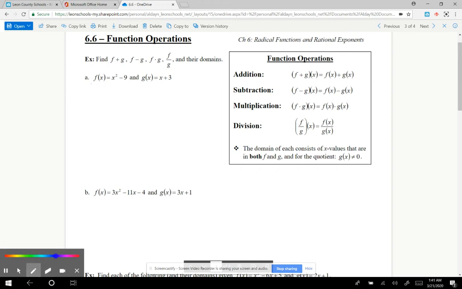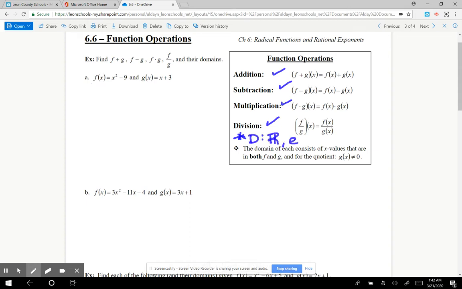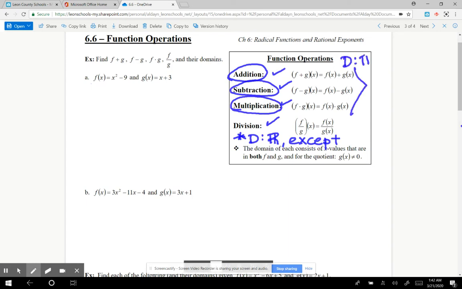All right. The only difference in adding, subtracting, multiplying, and dividing is with division. With addition, subtraction, and multiplication, all three of them, the domain is going to be all real numbers.